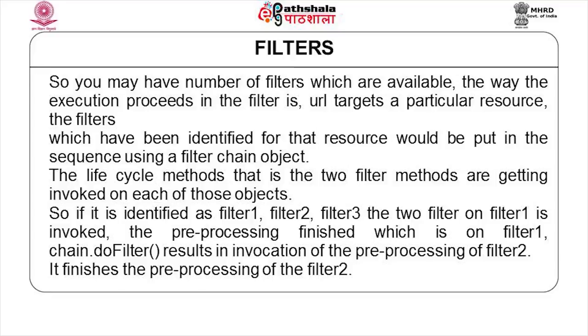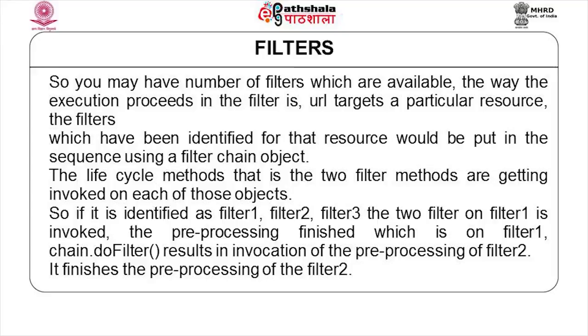So, if it has identified filter 1, filter 2, filter 3, the do filter on filter 1 is invoked, the pre-processing finishes on filter 1, chain.do filter results in invocation of the pre-processing of filter 2. It finishes the pre-processing of filter 2, chain.do filter of filter 2 results in invocation of pre-processing of filter 3.